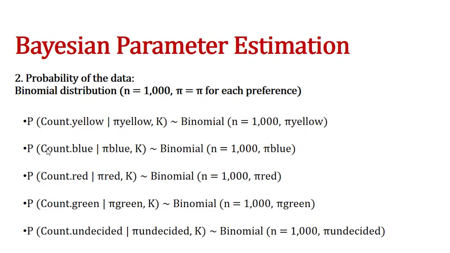Well, the most likely value is 300, but values 301, 302, 303 are still very likely, same as 299, 298, 297. And the further away you go from 300, the less likely it is to find that value.